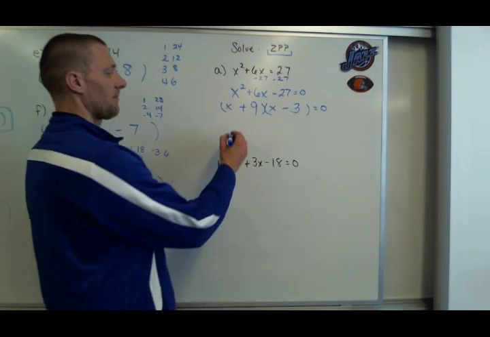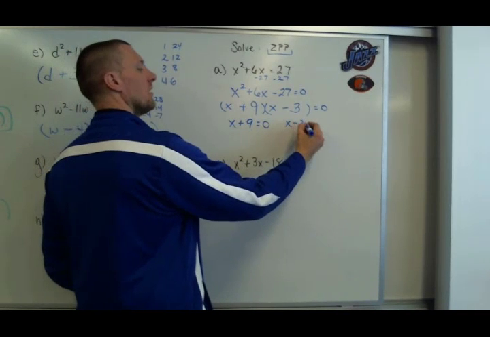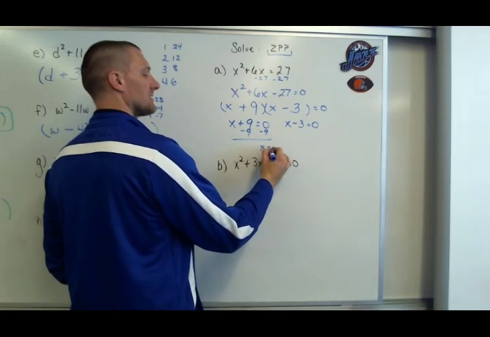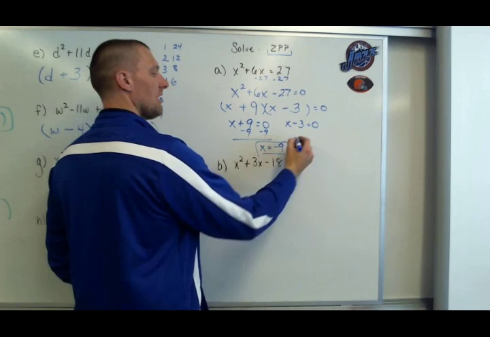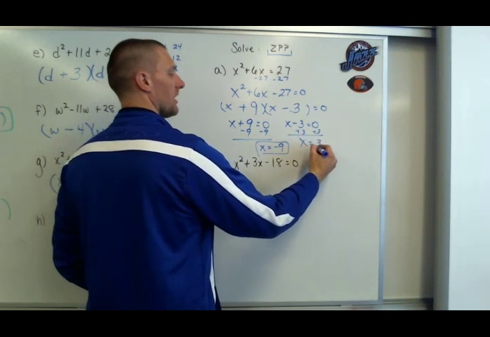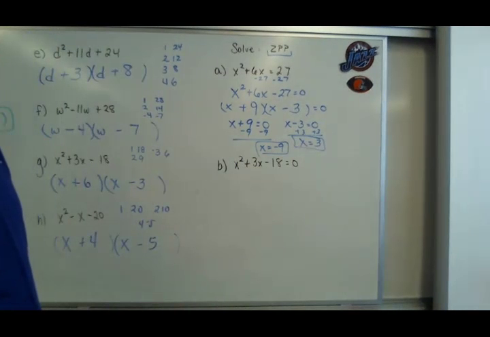Now the zero product property said that I can take each of these, set it equal to 0, and solve. So I subtract 9, I get x equals a negative 9. I add 3, I get x equals positive 3, and those are your two answers. And you can prove they work by substituting them back in.